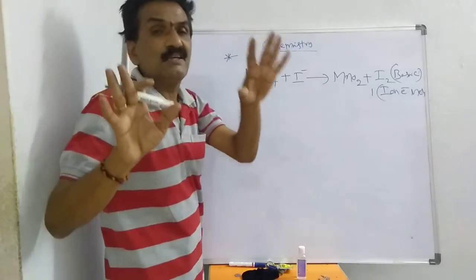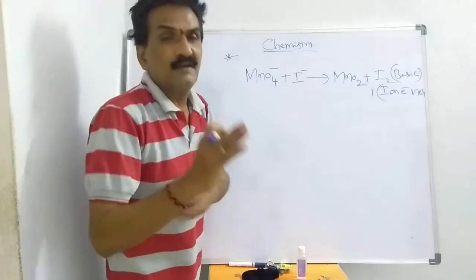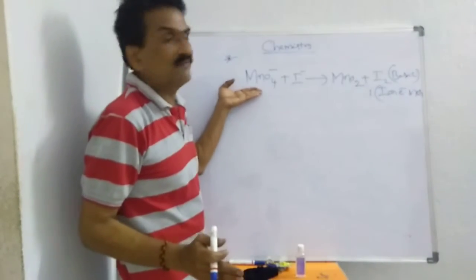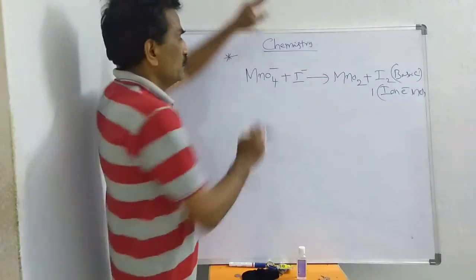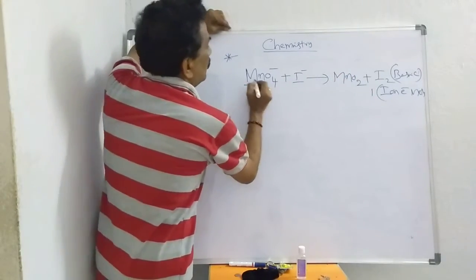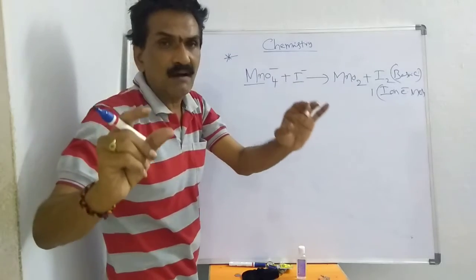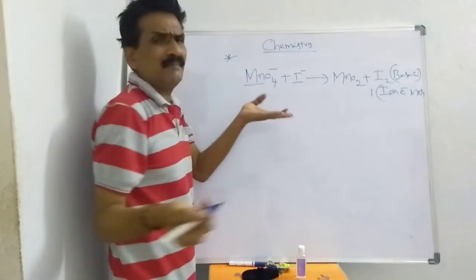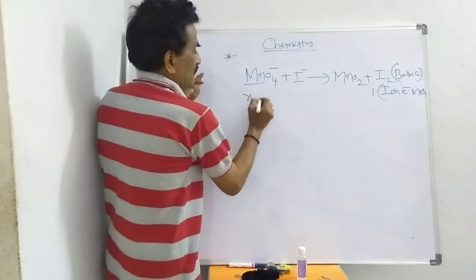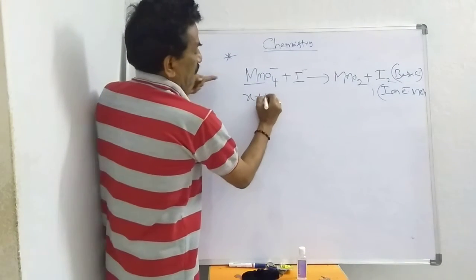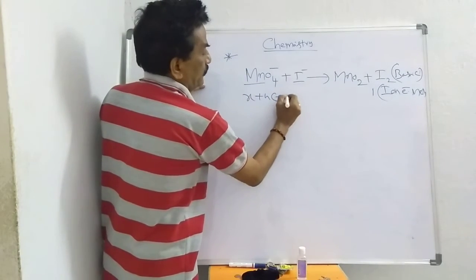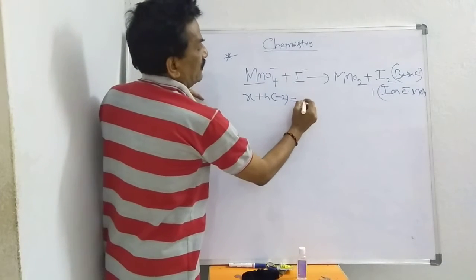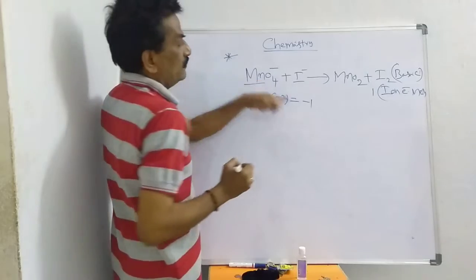After taking this equation into consideration, you have to calculate the oxidation number of the respective elements. You see MnO4 minus, I want the manganese oxidation number. You can take Mn as X plus 4 into oxygen minus 2 is equal to minus 1.